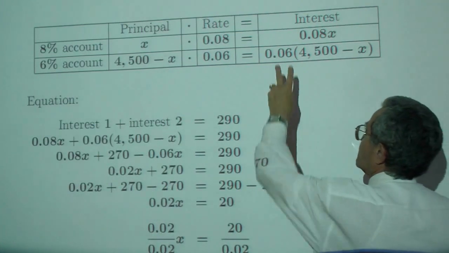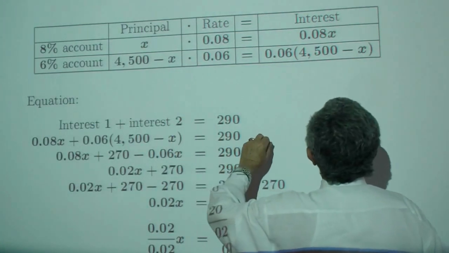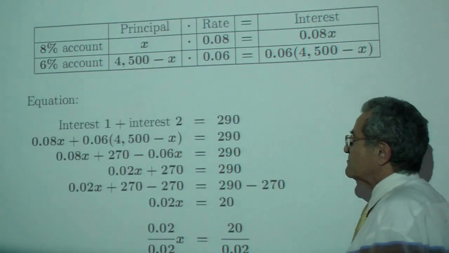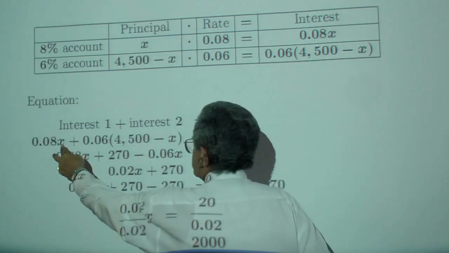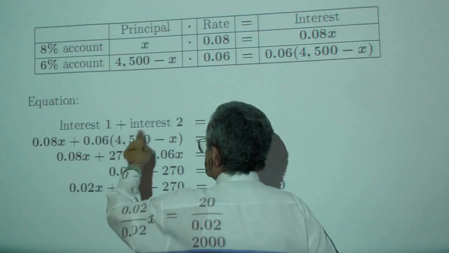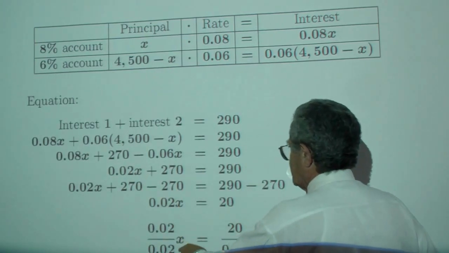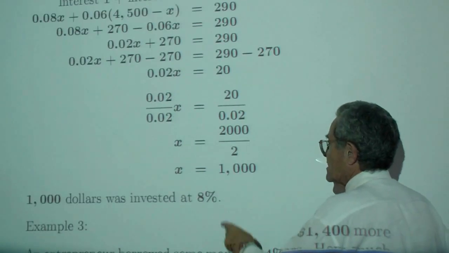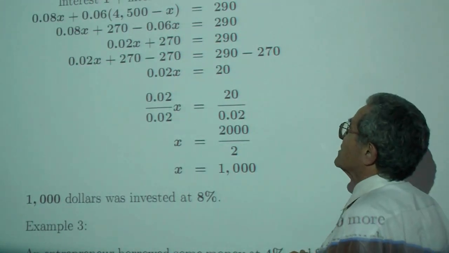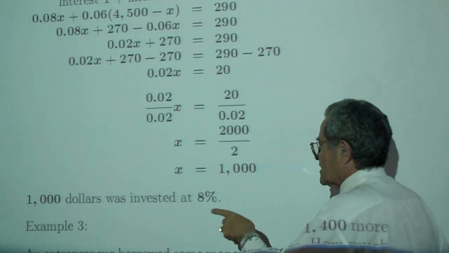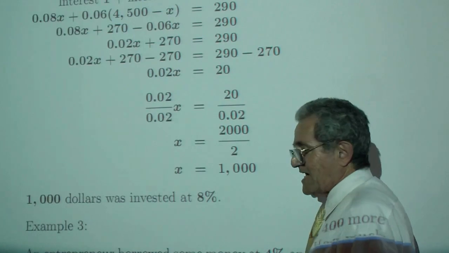So interest from one account plus interest from the second account is a total of $290. So we have this interest plus that interest, distribute, combine like terms, subtract 270, divide by 0.02, and you get X, which is 1,000. So $1,000 was invested at 8%.